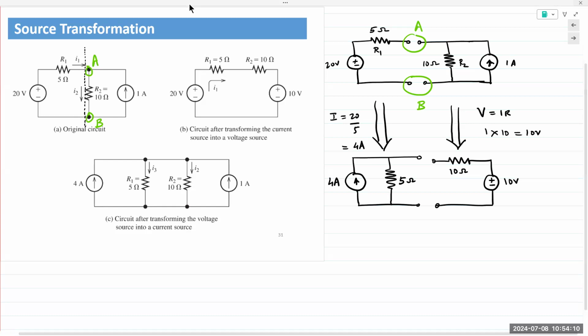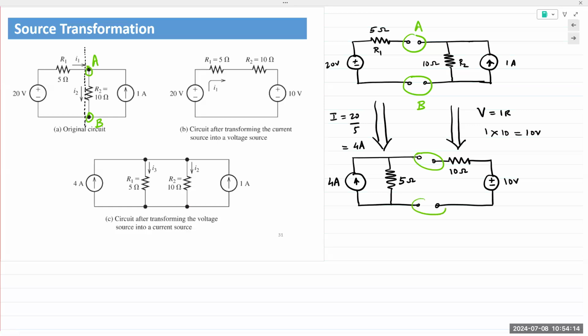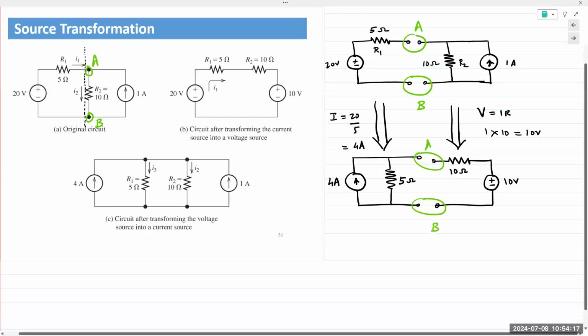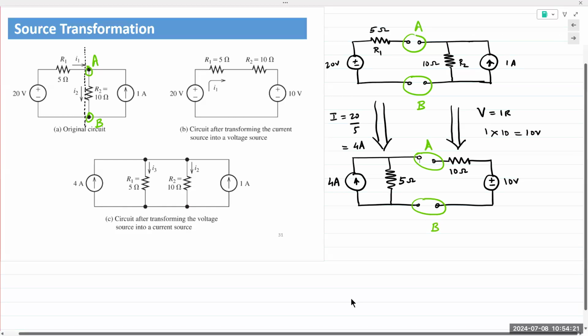And we can obtain circuit number C. Obviously, I'm showing the mix and match where you transform only one side, or you can transform both sides. You can call that circuit number D if you wish.